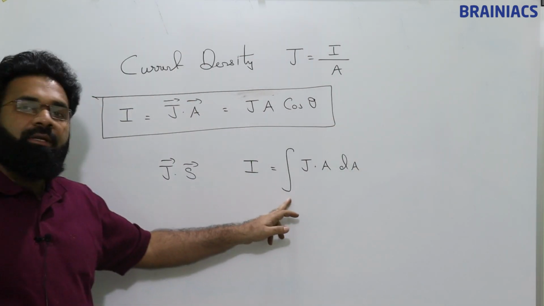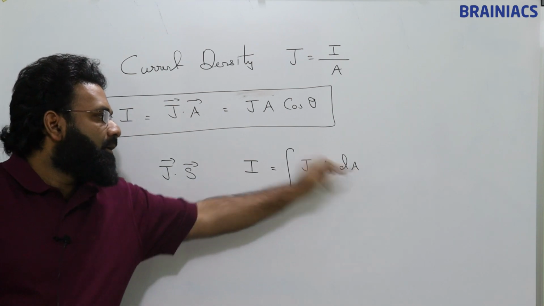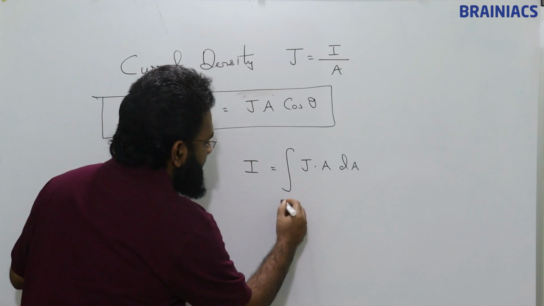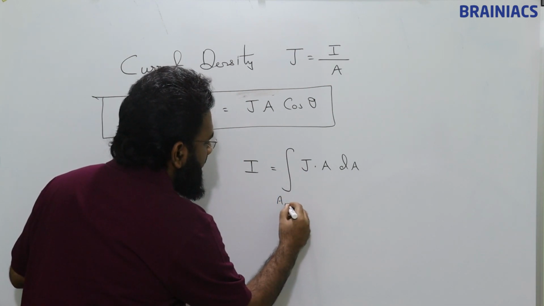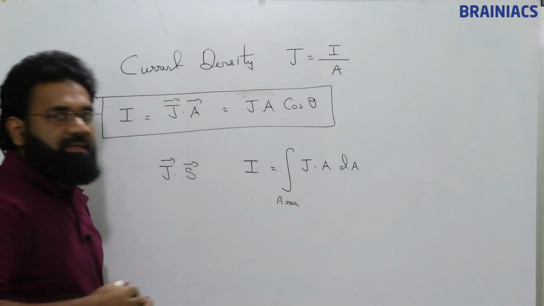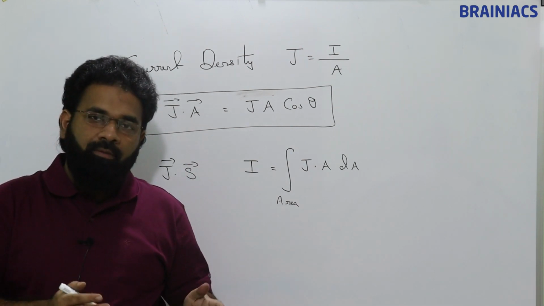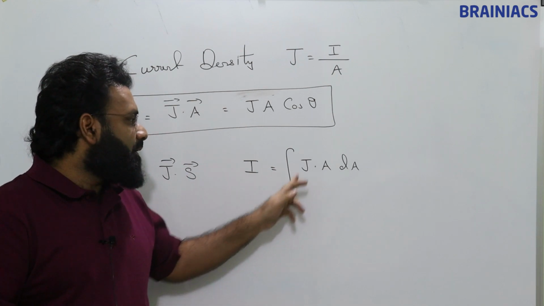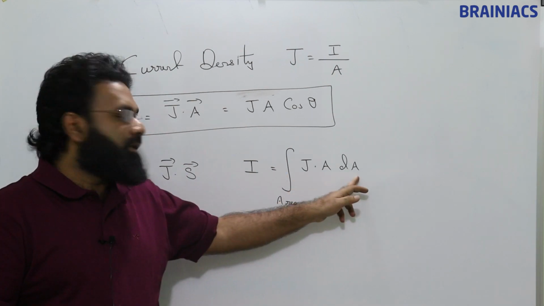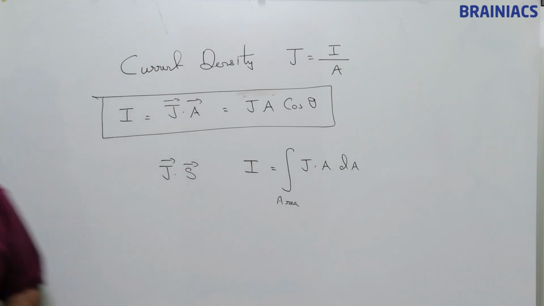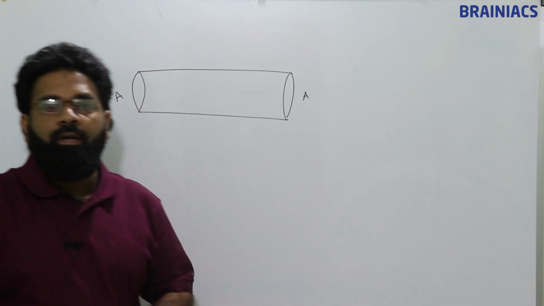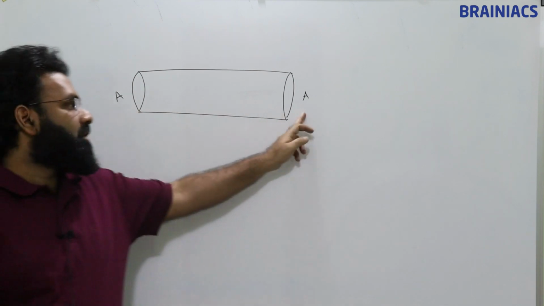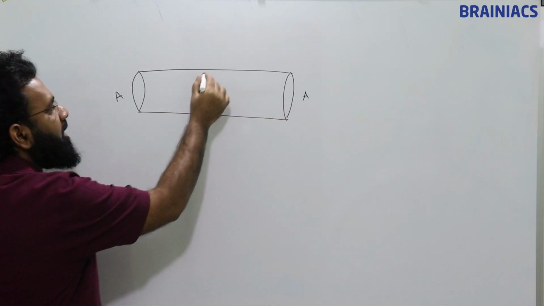I is equal to integral J dot dA. If the area is varying, then we will find the current by integrating J dot dA. Okay, note it down. So here in this conductor we can see the area of cross section is constant. So everywhere the area is the same.